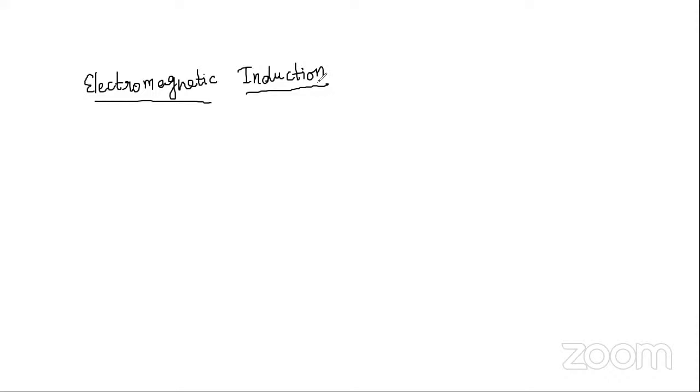In that process, you can induce some current by creating some EMF, that is called induced EMF. Induced EMF is generated whenever you create a change in magnetic flux linked with the coil.